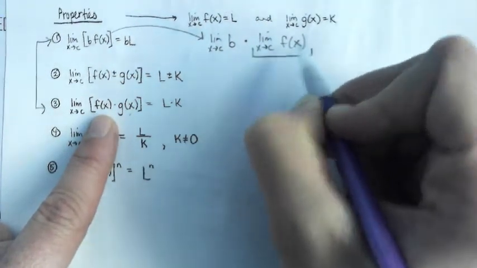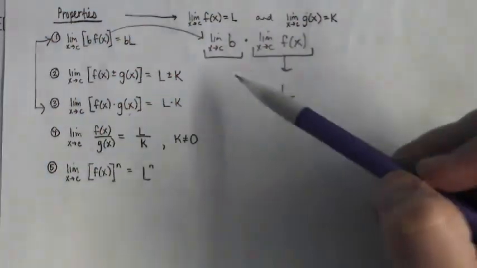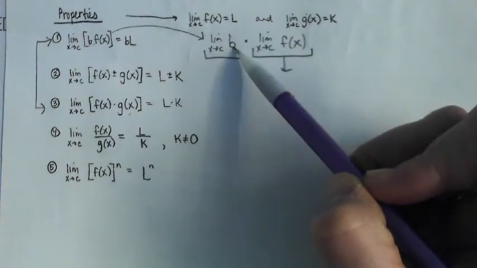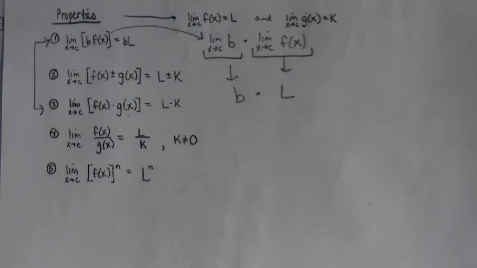Now this is L, and we learned back in the pre-calc book that the limit of any constant is what? Just that constant. So you kind of get that BL from that multiplication rule as well.